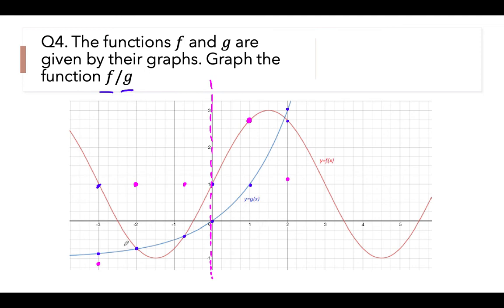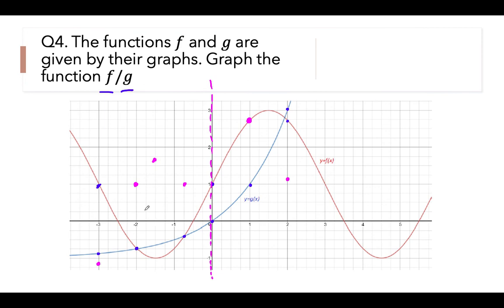Let's do one more. It seems like it's a little bit unpredictable here. So I'm going to add the point at about negative 1.5. So negative 1 divided by negative 0.6, and that will give me 1.66. So it's going to be at around this point, pretty high here.